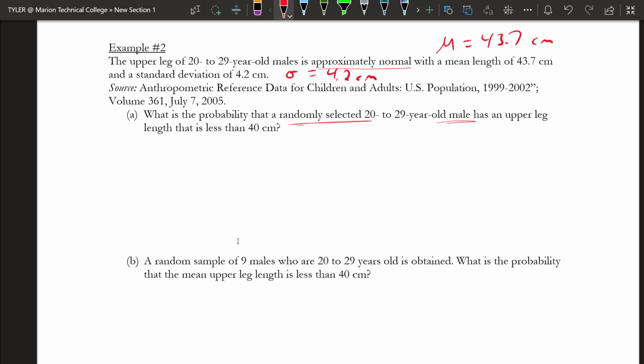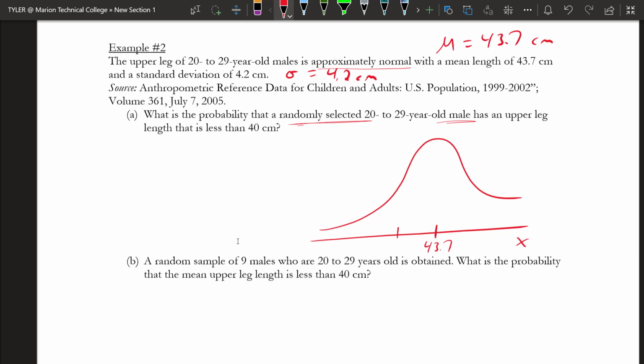So my picture, on my axis, is just going to be labeled x, and in the center we're still going to have the mean, which is 43.7.